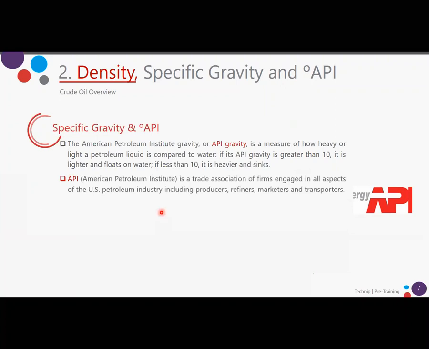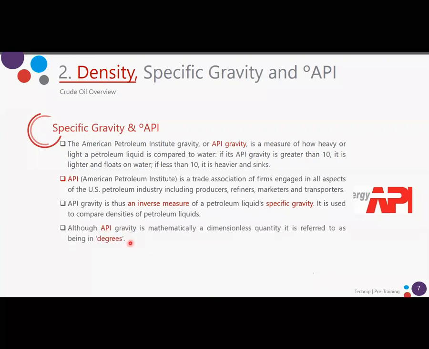API, the American Petroleum Institute, is a trade association of firms engaged in all aspects of the U.S. petroleum industry, including producers, refiners, marketers, and transporters. API gravity is a little bit tricky because it's an inverse measure of the petroleum liquid's specific gravity, and it is used to compare the density of petroleum liquids, okay?